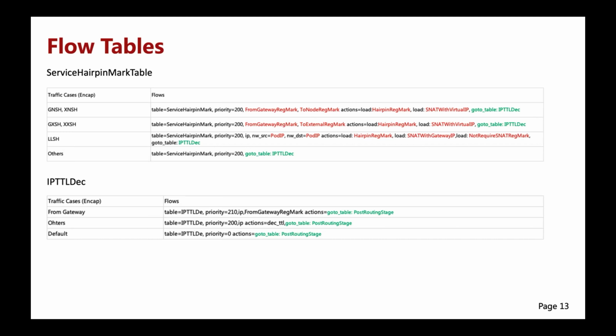A client is from a pod and its destination endpoint is itself. We can get this hairpin case by matching the source IP address and the destination IP address. Okay, then IPTDR-DEC is nothing different.